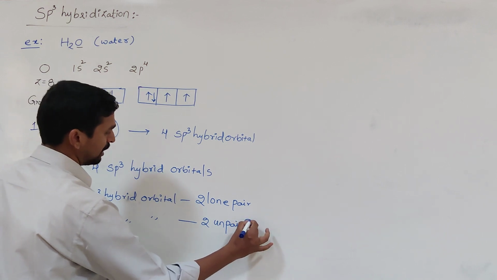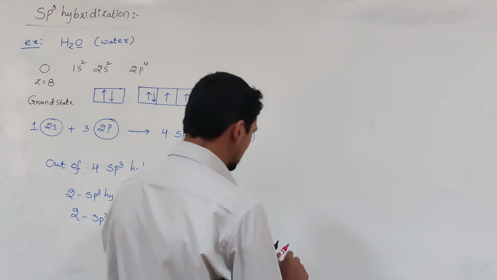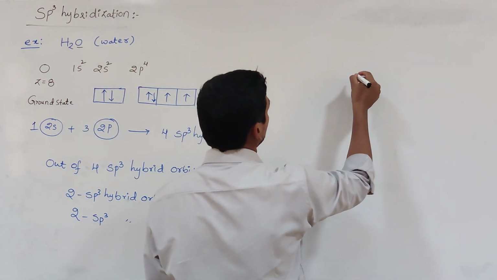But these 4 sp3 hybrid orbitals are oriented in tetrahedral geometry.